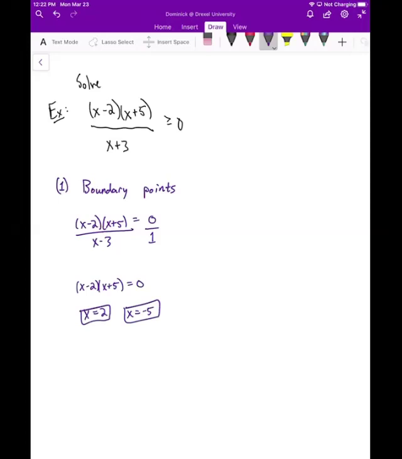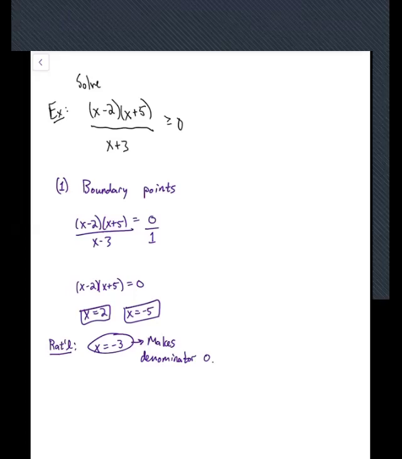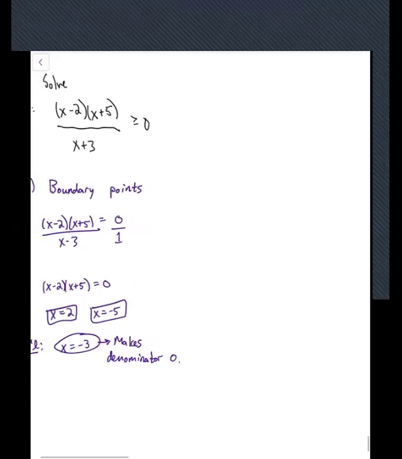And of course, we have a rational inequality here. I know this is like step 3, but I'm too excited. We're going to do it now. So since we have a rational inequality, we also need to include when x is -3, since that makes the denominator 0. So we also need to include that one. Last but not least, we also need to do a number line here. So what are the 3 boundary points?